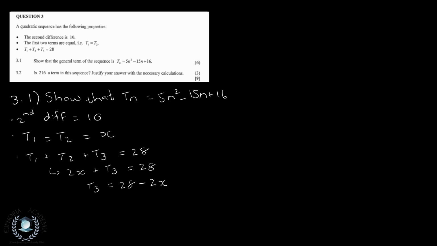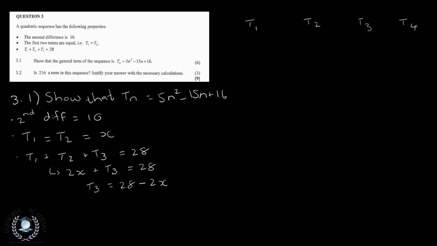Alright, so we already know that we have a quadratic sequence. What we do know is for a quadratic sequence, they all have the same second difference. So they have a common second difference. I think it's best practice to work with about 3 or 4 terms to help us out with this calculation. So we're going to have T1, T2, T3, and then T4.